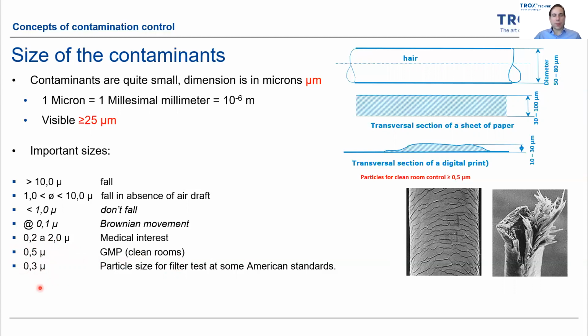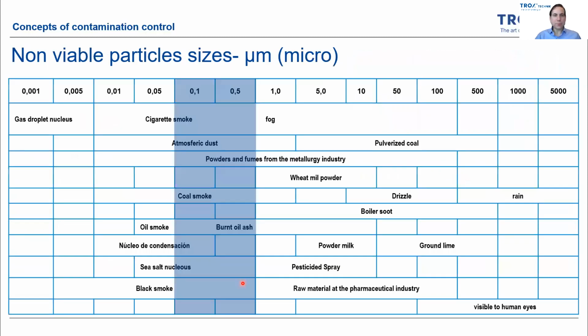A lot of HVAC engineers hear about the filter with 99.97% efficiency at 0.3 micrometer particles. Yes, that's the historical particle size used in the US to validate filters. We'll see there are other ones, and there are new trends in filter classification.